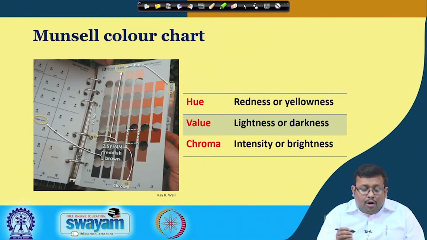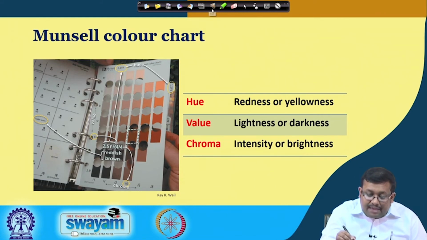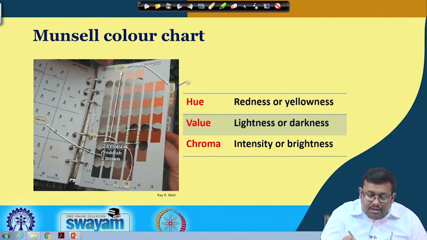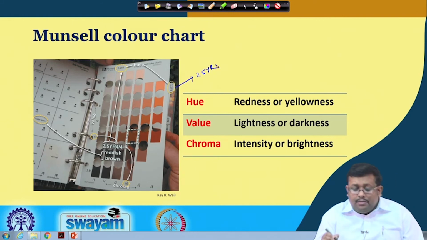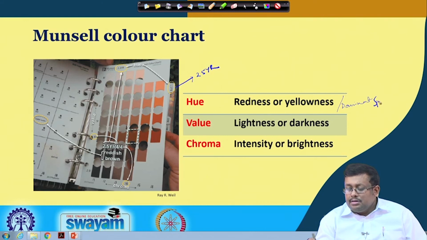If you open a particular page of a Munsell soil color chart, you will see this type of notation. You can see here 2.5 YR. This is called hue. Hue basically shows redness or yellowness of a soil, or in other words, is based on the dominant spectral color.